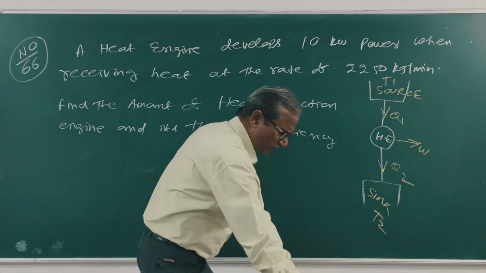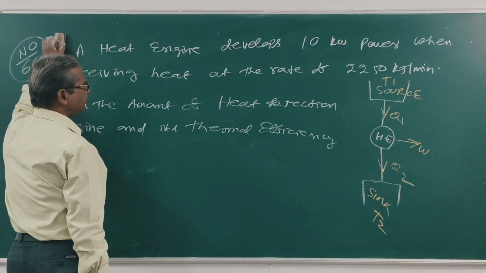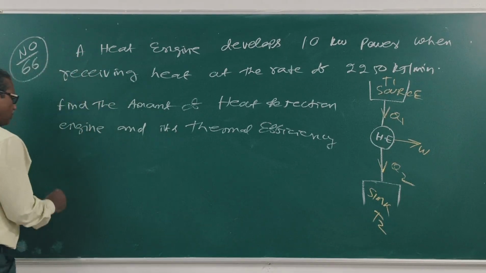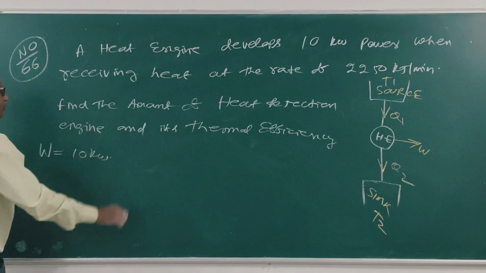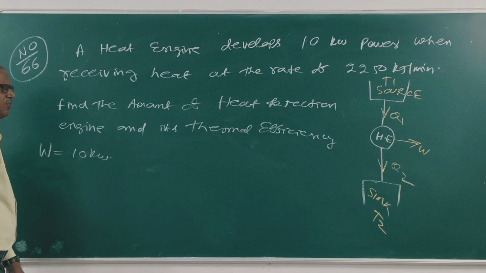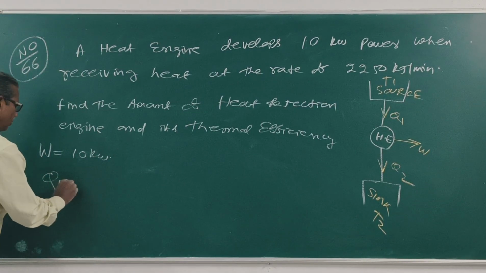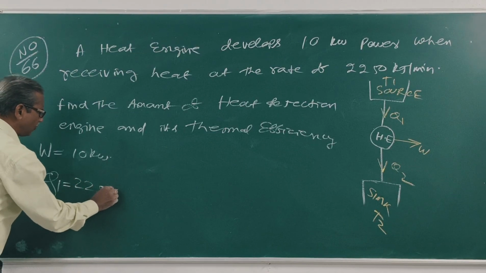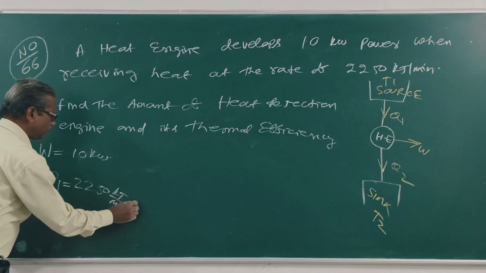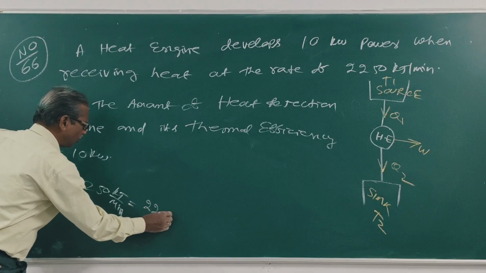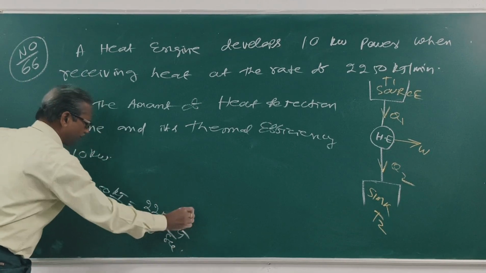The question is: heat engine develops 10 kilowatt power. W is equal to 10 kilowatt. Receives heat at the rate of 250 kJ per minute. Q1 is equal to 250 kJ per minute, means 250 by 60 kJ per second.